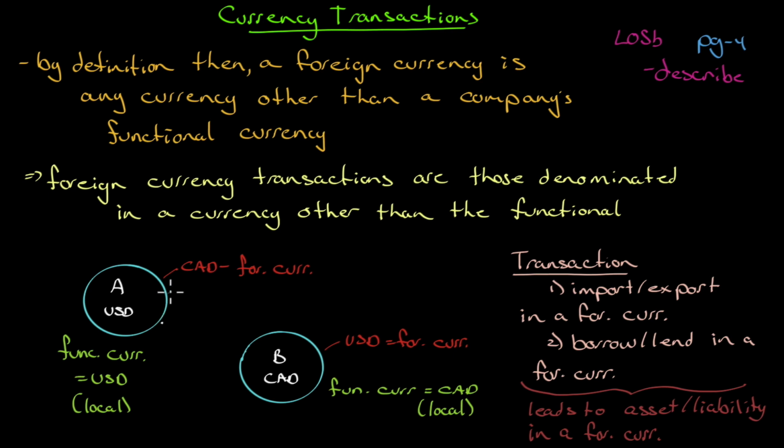There might be, A sold to B, let's say for $10,000 Canadian, and by the time B paid and they went to the bank to deposit it, the exchange rate shifted a bit and they only got 9,995. Maybe there's a $5 difference. There might be a gain or loss on the transaction itself, but there would be no foreign currency exposure any longer.